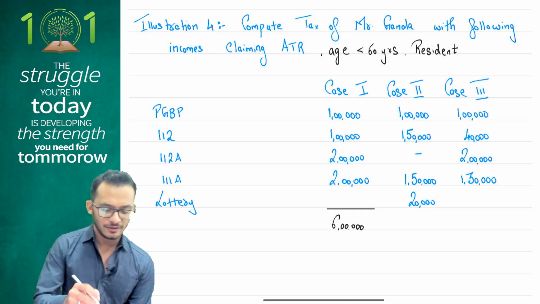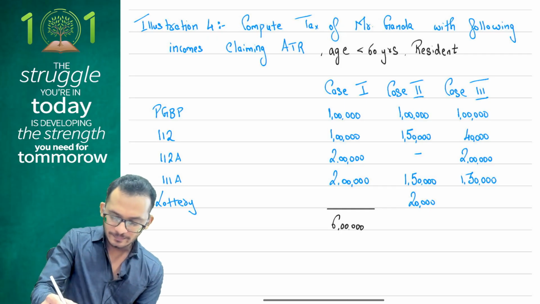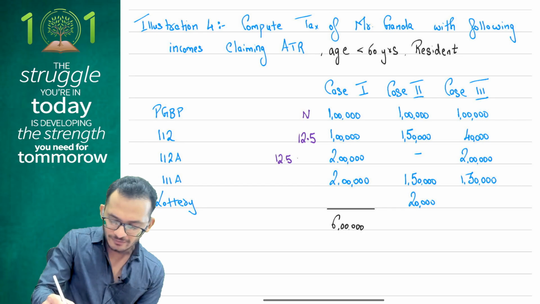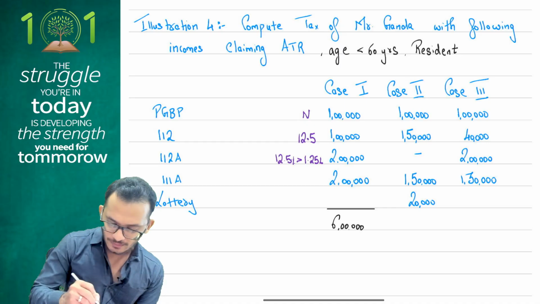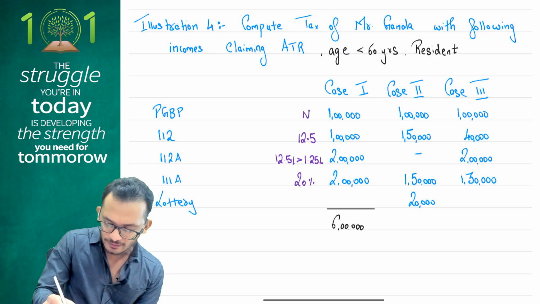Help me out. PGBP is normal. 112 is 12.5 percent exceeding 1.25 lakhs. 111A is 20. If at all you have winning lottery, that is 30. This is what it is.